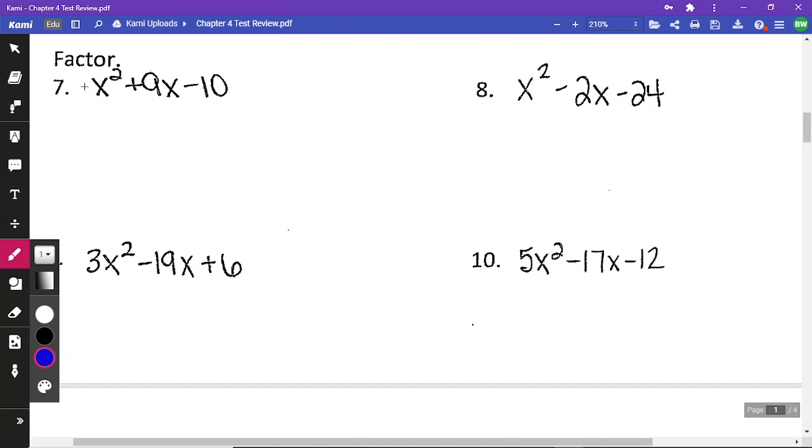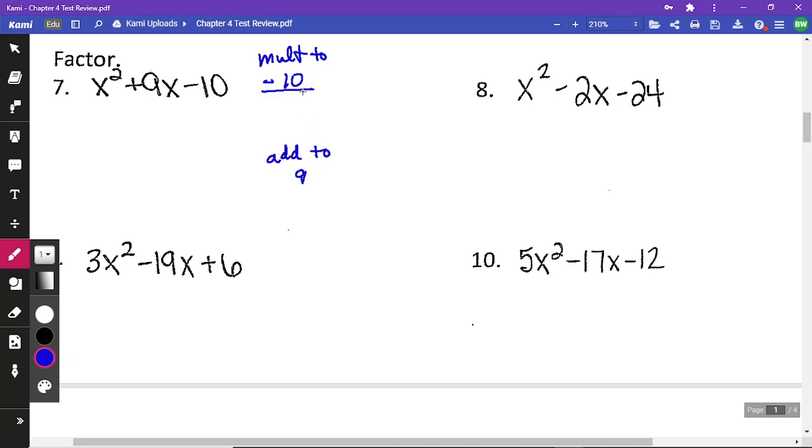The coefficient of x squared is 1. Always look at that. When that is 1, those are the easiest kind. You just look for two numbers that multiply to negative 10 and add to make the 9.